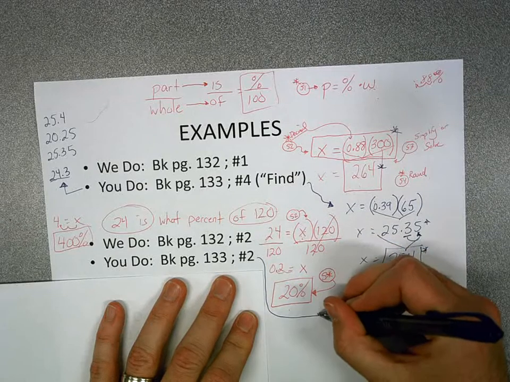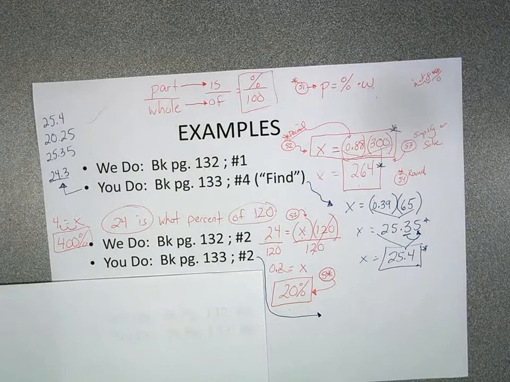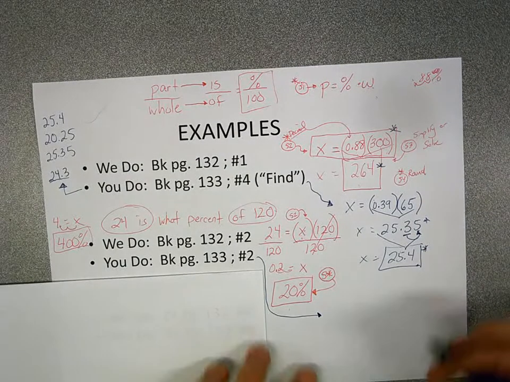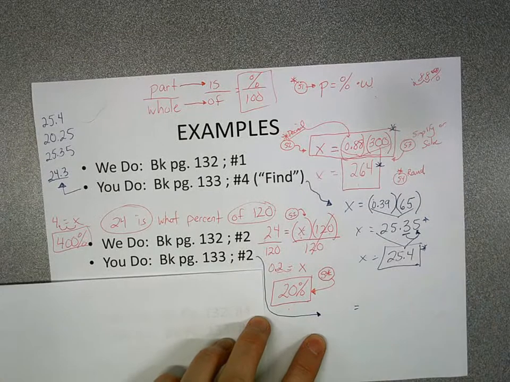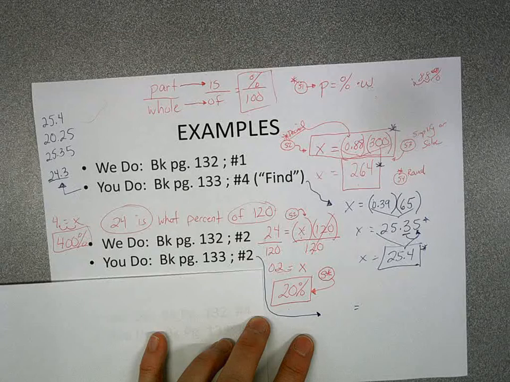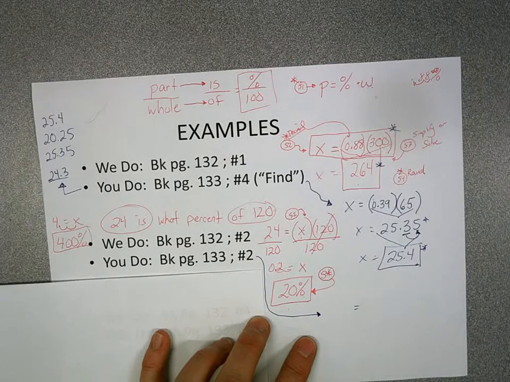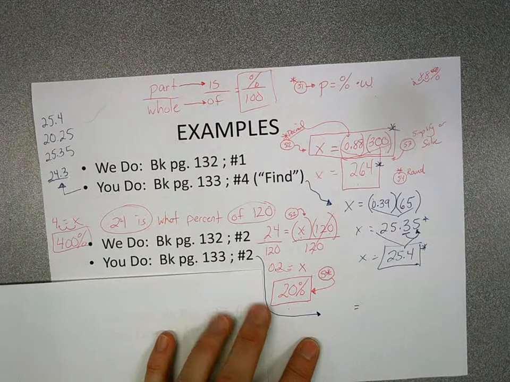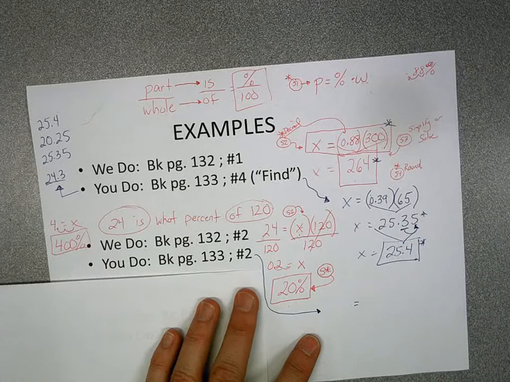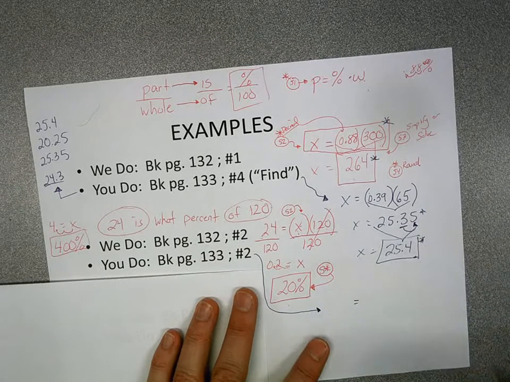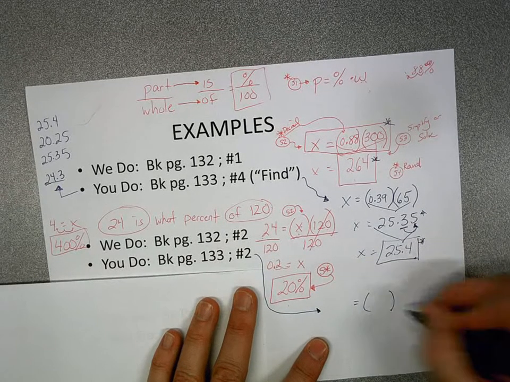Problem number 2. Okay, so I have my equation. 84 is 60% of what number? Yeah. Okay. So I do see my percent here, right? So I plug in my percent in decimal form.